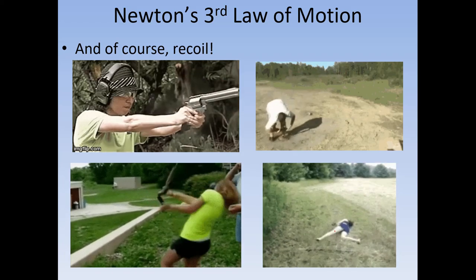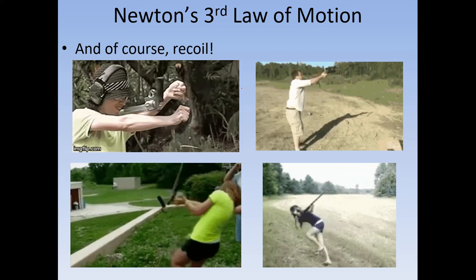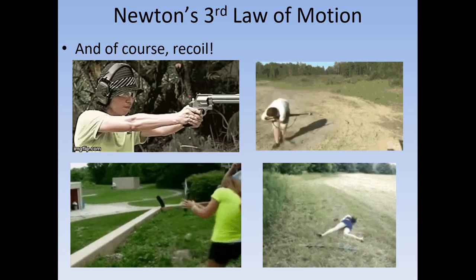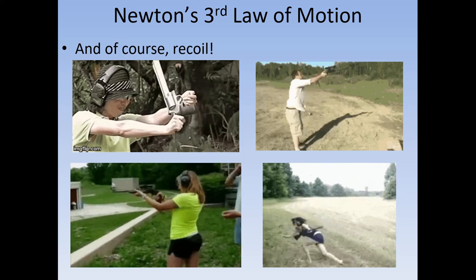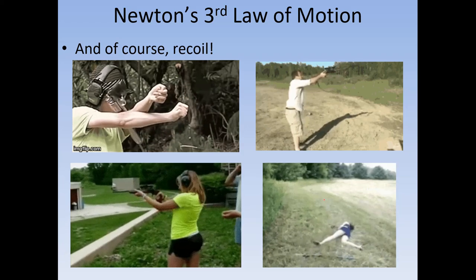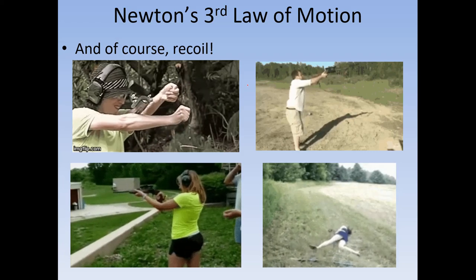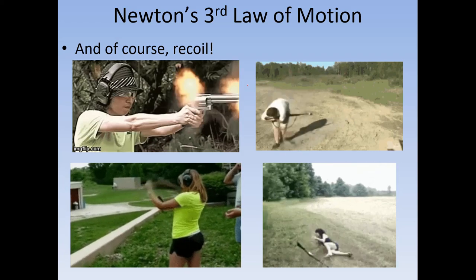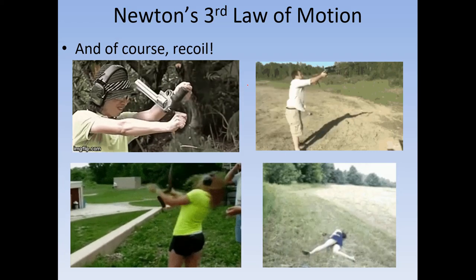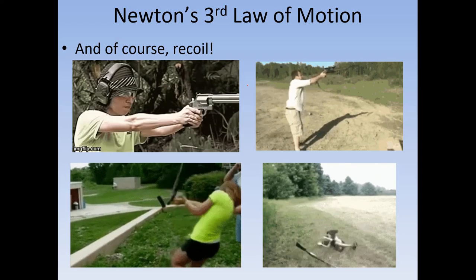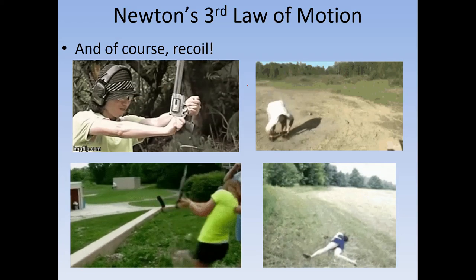With a lot of these guns, you'll notice that they're all fairly big and powerful guns. This is a very powerful revolver. Some of these are rifles and shotguns. So they're going to end up having a really powerful kickback due to the fact that the bullet ends up experiencing a very strong force within the barrel.